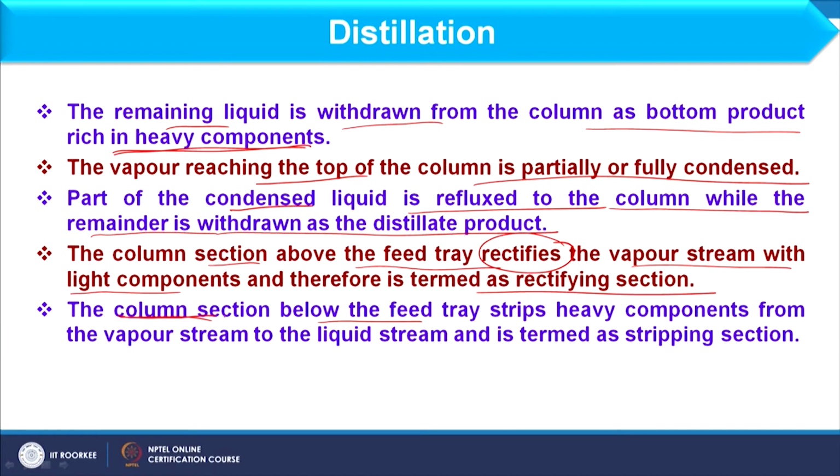In the similar line, the column section below the feed tray strips heavy component from the vapor stream to the liquid stream, and it is termed as the stripping section. In this way we basically have lighter product as distillate and heavy product as bottom.